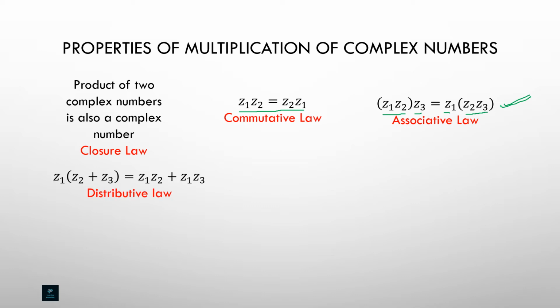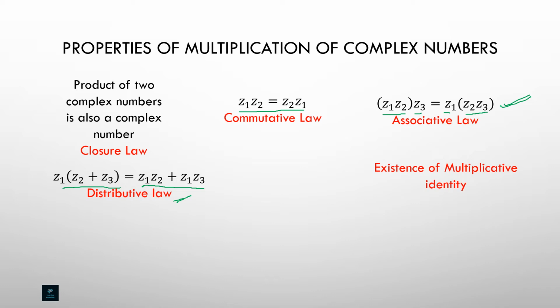The next one is the distributive law, which says that if we multiply z1 by the sum of z2 and z3, this will be equal to multiplying z1 individually by z2 and z3 and summing them. That means z1 times (z2 plus z3) will be equal to z1 z2 plus z1 z3. This is called the distributive law.